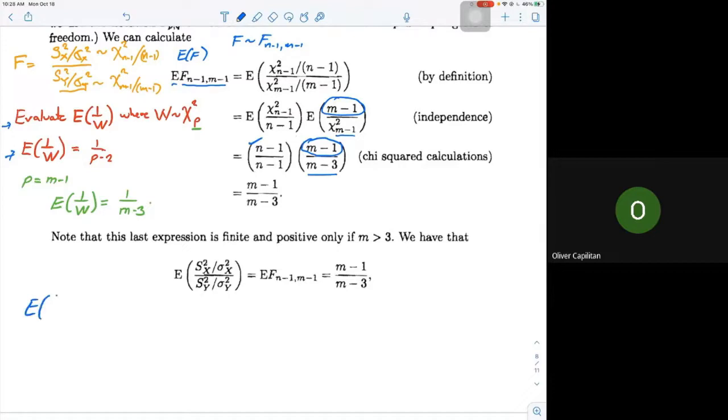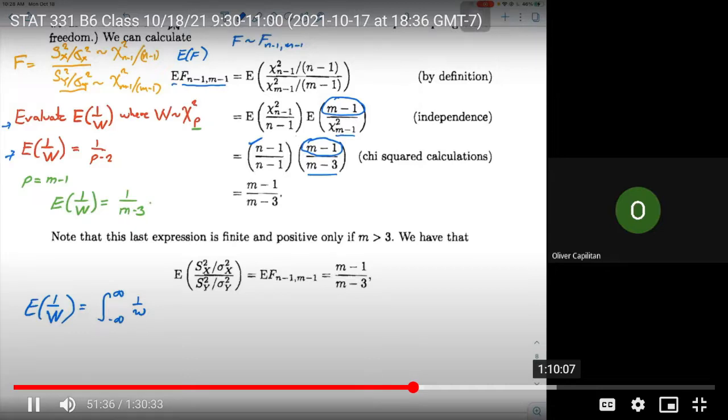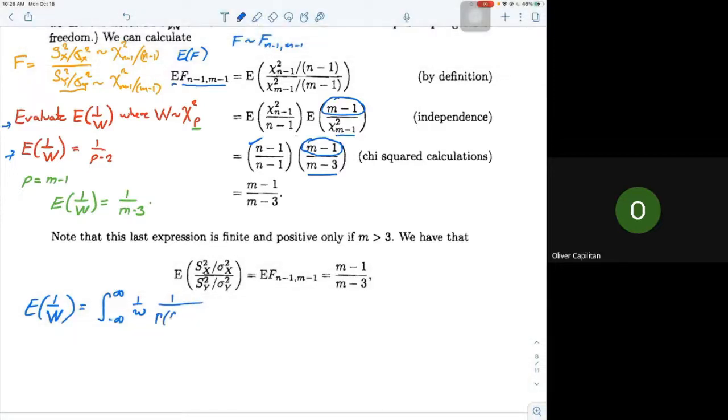Say the expectation of 1 over W. By definition, the integral from negative infinity to positive infinity of 1 over small w times the PDF of our W. W has a chi-square distribution with p degrees of freedom, so 1 over gamma of p over 2, times 2 raised to p over 2, and then times W raised to p over 2 minus 1, then e to the negative W over 2, dW.